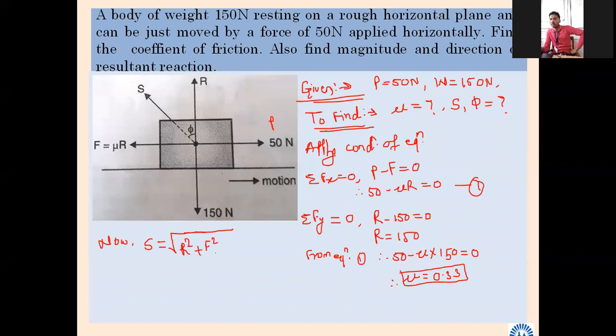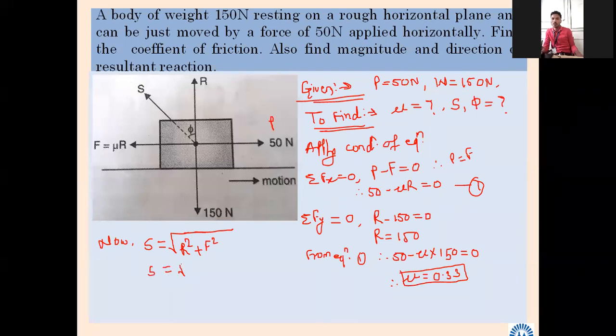Are we knowing F? What is the value of F? 50 Newton. Because in equation 1 we got P minus F is equal to 0, therefore P is equal to F.